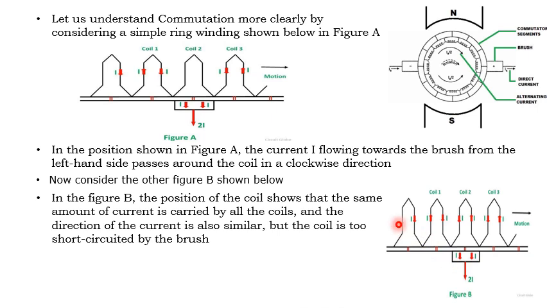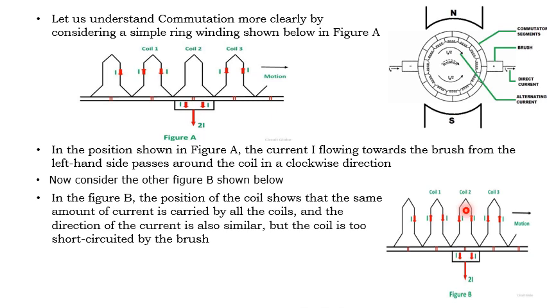So here we compare these two, figure A and figure B. Again here the brush is connected to coil 2, and the direction of the current is similar to that of figure A, but the only thing is that the coil is short circuited by the brush.